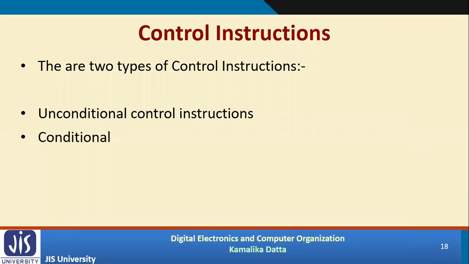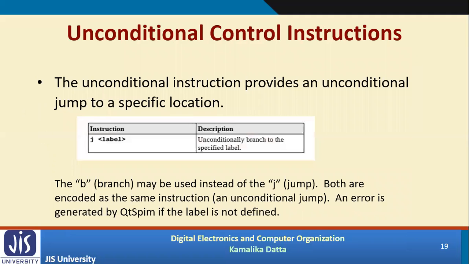Now, this is something important, but to be very frank, we will not be dealing with control instructions in this semester. We will be dealing with this kind of instructions in the next semester. But for your information, there are various kinds of control instructions. Control instructions are needed when you write programs. There are unconditional control instructions and there are conditional instructions. These start with jump, basically. Jump to a label.